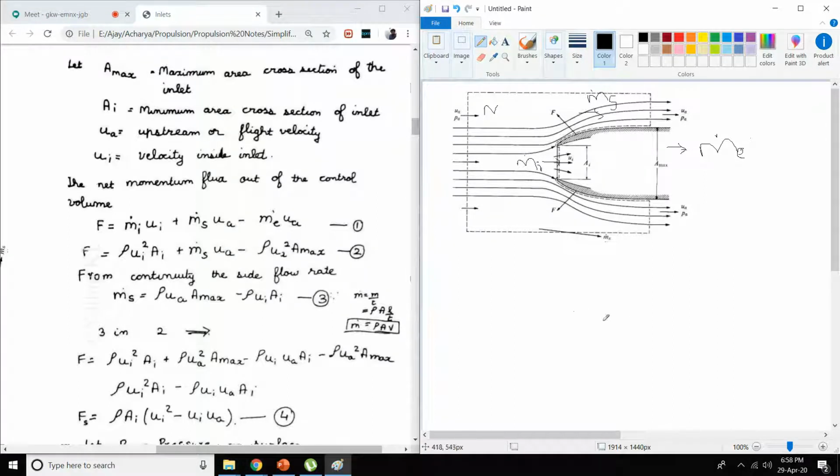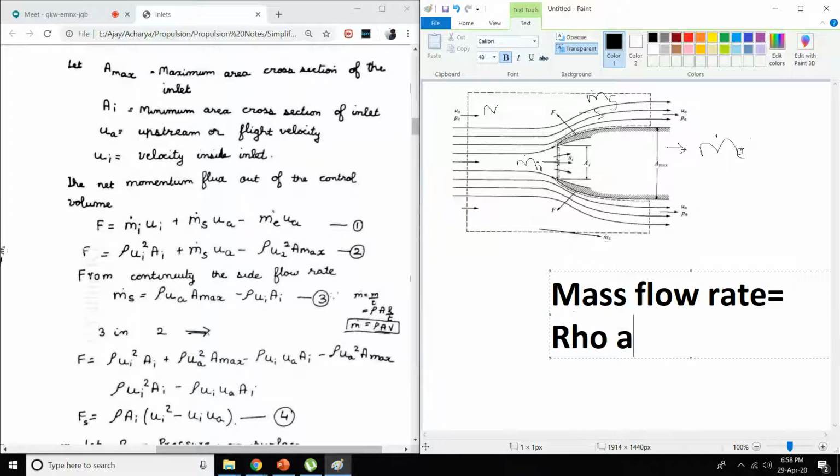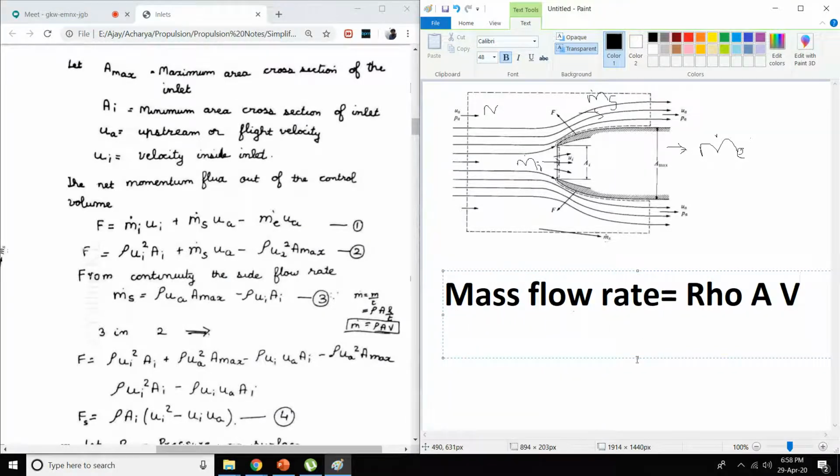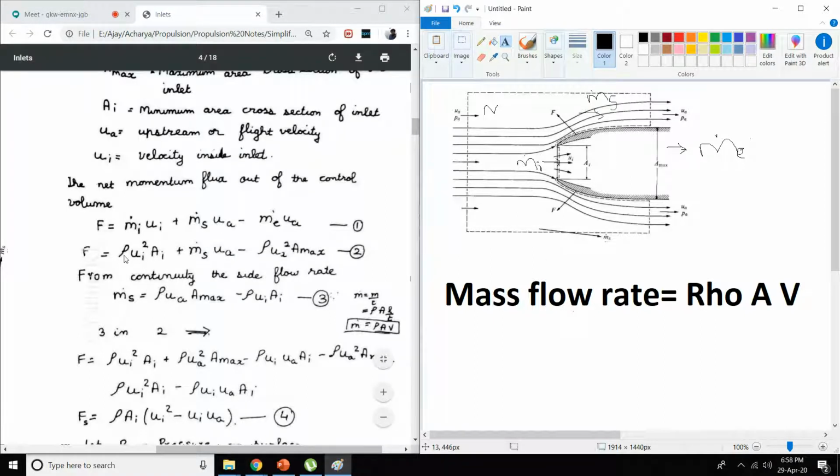But what we know from continuity is that mass flow rate is equal to rho A V. So by making that substitution, MI will be what? Rho, density is common, we are not speaking of supersonic flow, so density is common: rho UI AI, that is your inlet area.